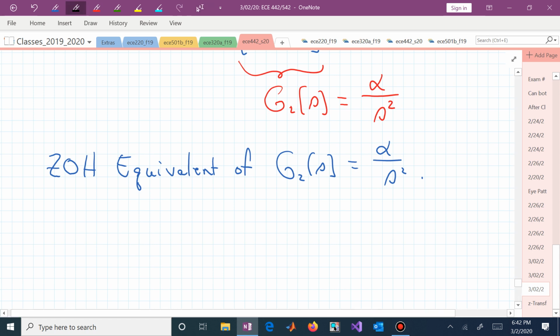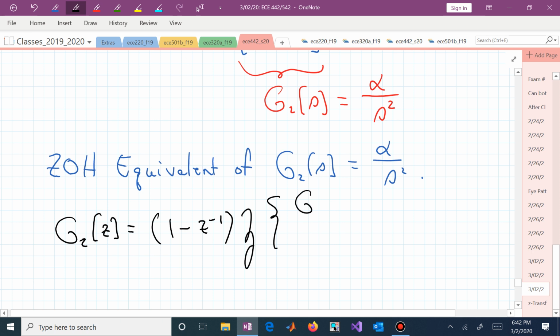What's G sub 2 of z? If you were looking for partial credit, good luck on the multiple choice. But anyway, G sub 2 of z is what? What's the formula? In terms of G sub 2 of s, can you write it down? The zero order hold equivalent says I have 1 minus z to the minus 1, z transform of G sub 2 of s.